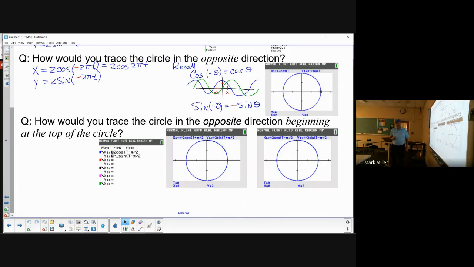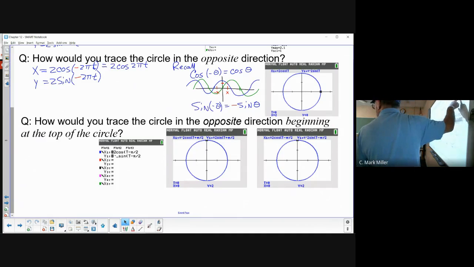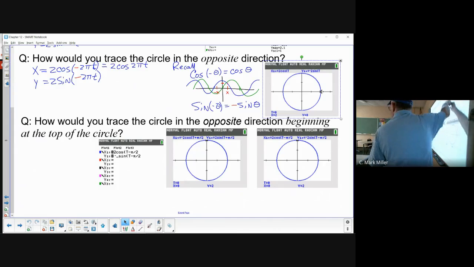Okay. Here's another one. Our circle presently starts and stops right here, whether we went this way or this way. How would you trace the circle in the opposite direction, beginning at the top?